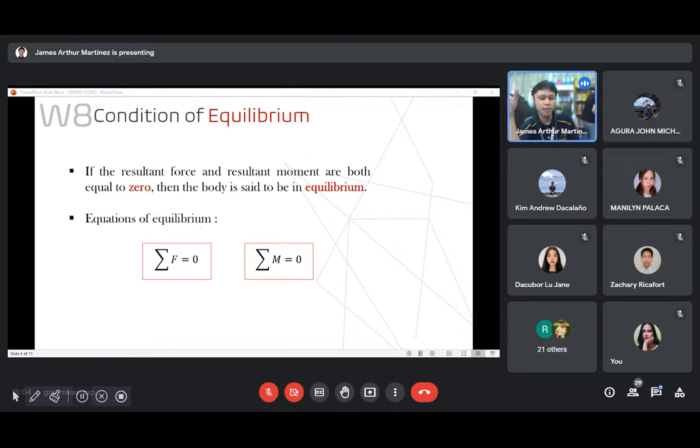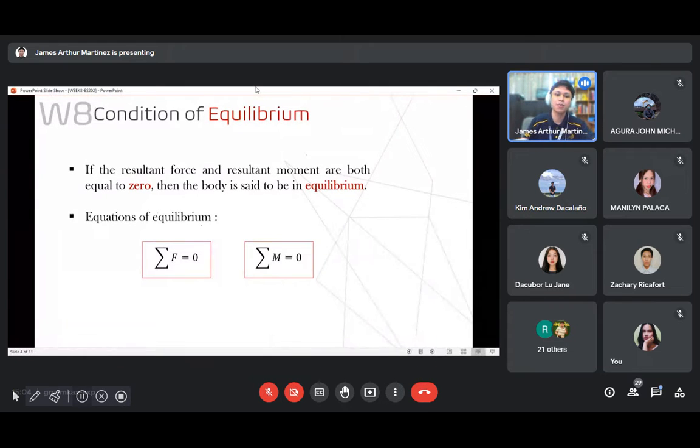The tendency is there will be translation. It will cause motion of your object. That is why for the static equilibrium condition or state of your object, the resultant force must be equal to zero. So these are the equations of equilibrium.